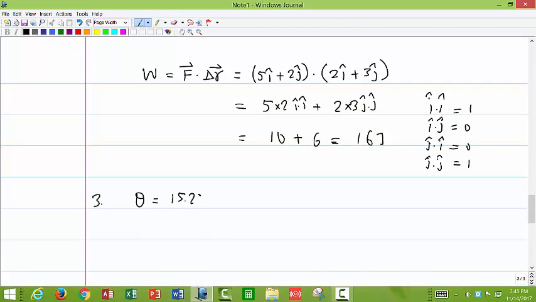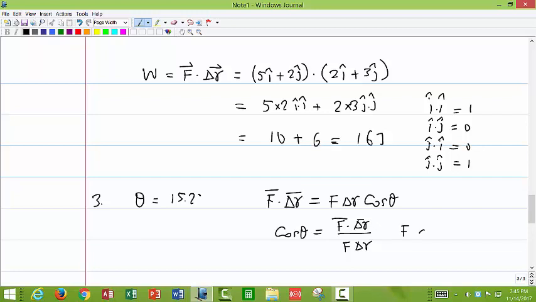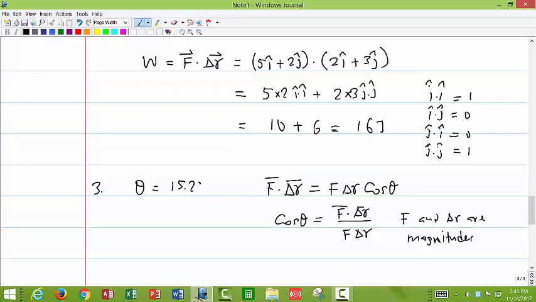So what you can do for this one is to know that F dot delta R is equal to F times delta R cosine theta. So you calculate cosine theta equals F dot delta R divided by F delta R, where F and delta R are magnitudes and the vectors of course are on top.